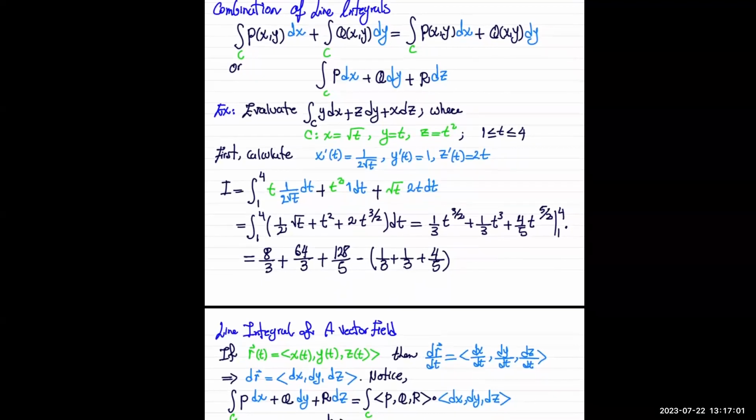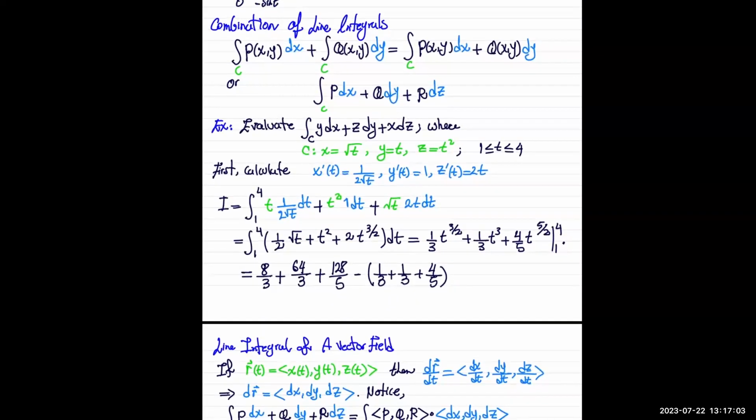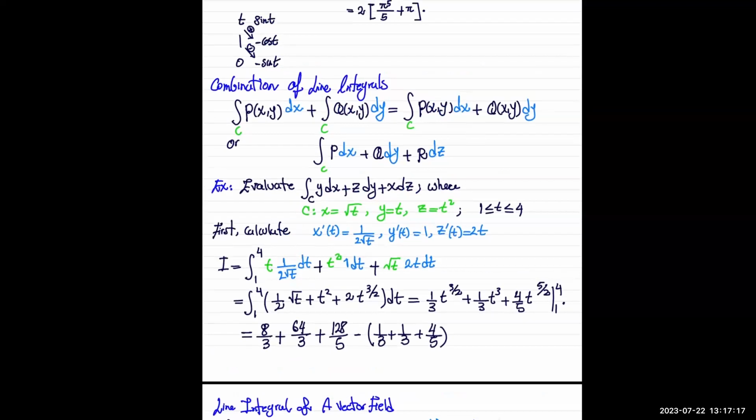We're almost done. Just need one more thing to mention here, and that is the line integral of a vector field. If you look at this line integral, we have the line integral of P with respect to x, Q with respect to y, and R with respect to z.